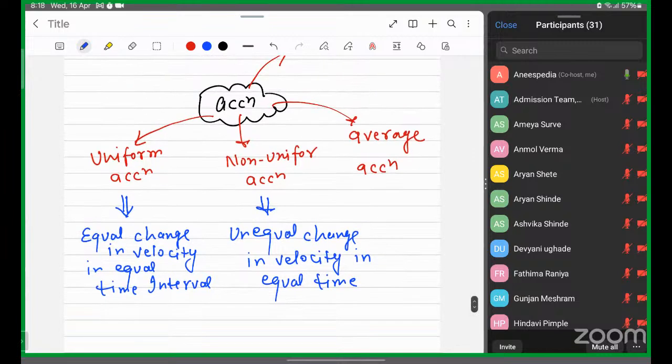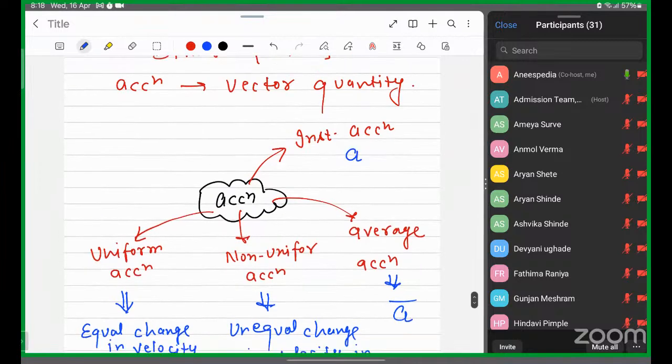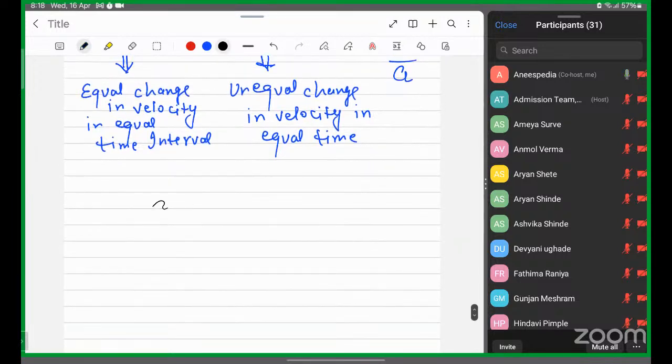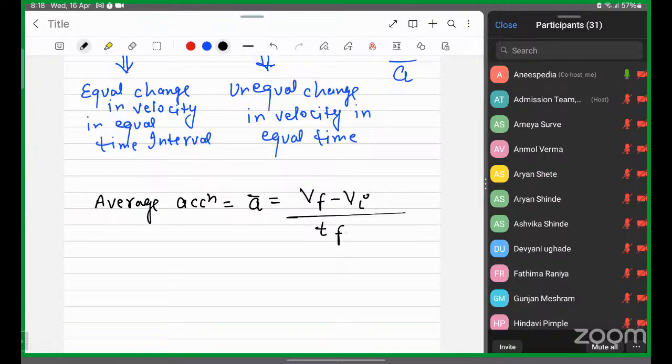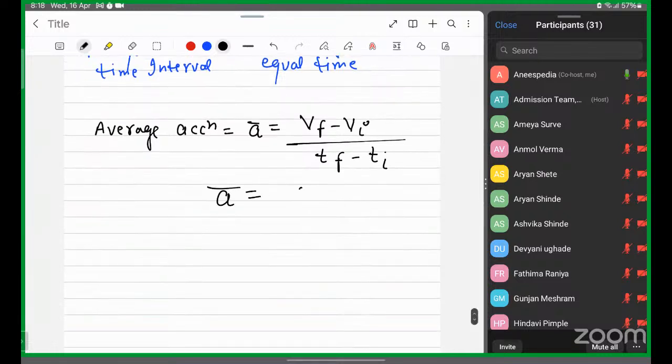What will be average acceleration, a bar, and instantaneous acceleration a? We define average acceleration a bar as overall change in velocity, that is v final minus v initial upon t final minus t initial. Sometimes we write it as a bar equals delta v by delta t.